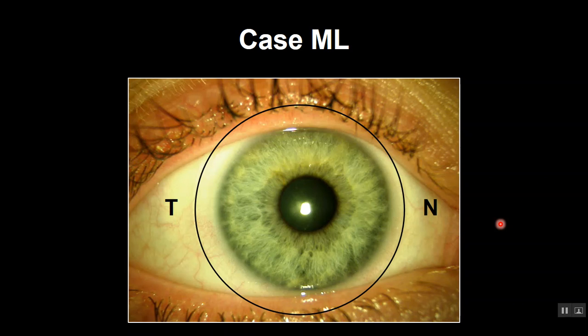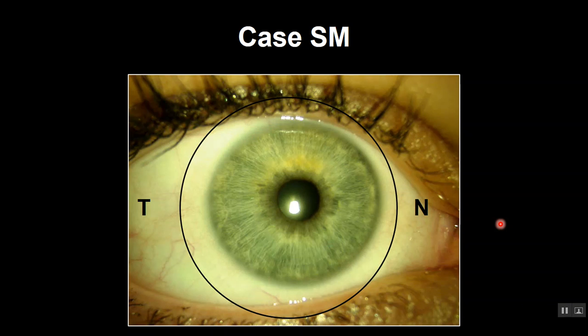And all these lenses were fit to achieve the optimal centration, the optimal fit, movement, comfort. So if the base curve needed to be changed, the lens was altered. Patient SM, also decentering temporal.